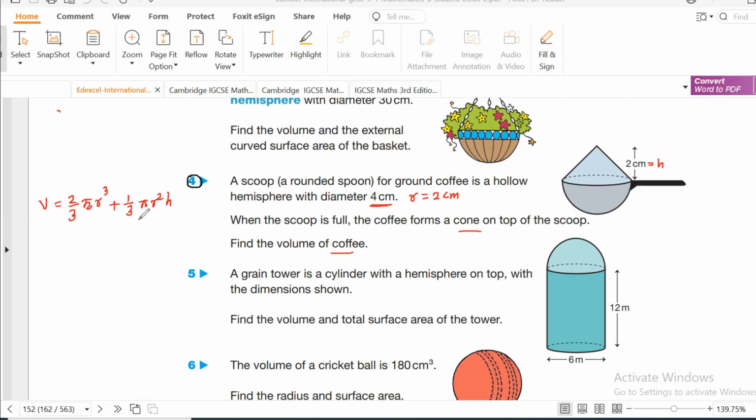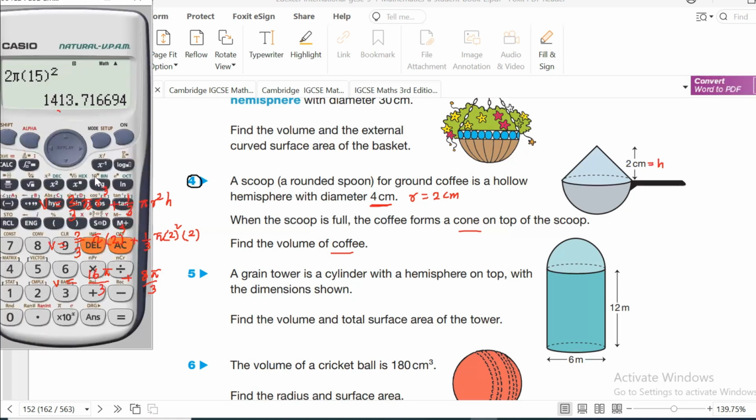Now just replace the values. 2 over 3 pi, r is 2, so 2 cubed, plus 1 over 3 pi, 2 squared, height is 2. 2 cubed means 8. 8 multiplied by 2, 16 pi over 3, plus 2 squared is 4, 4 multiplied by 2, 8 pi over 3.